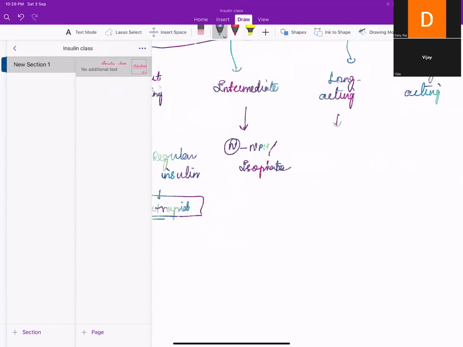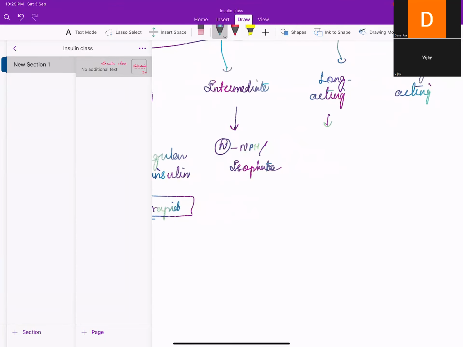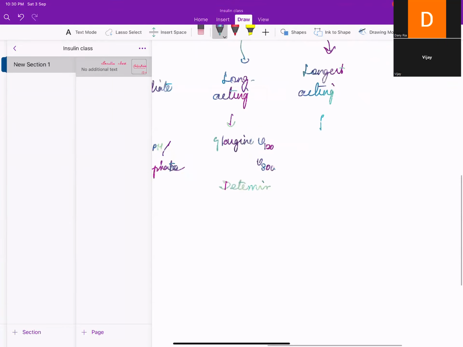Long acting is also an insulin analog only. Aspart, lispro, and glulisine are ultra short acting. Here we have glargine, which comes in two forms: glargine U100 and glargine U300, and detemir. Longest acting is degludec.